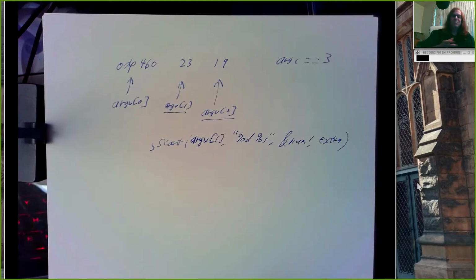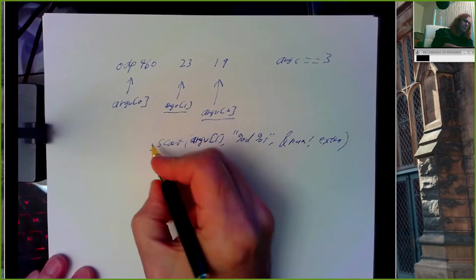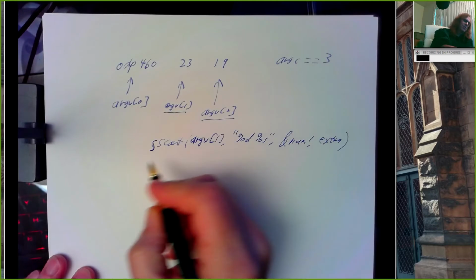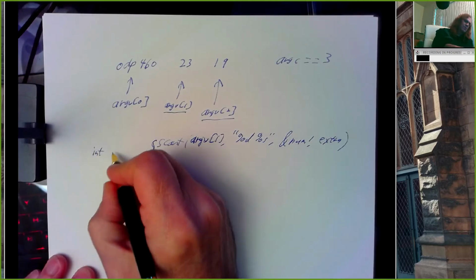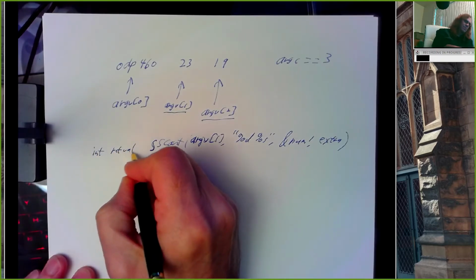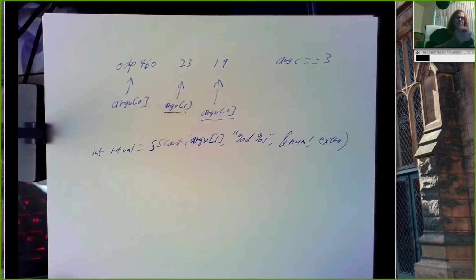Alright, how do we know if this succeeds or if it fails? How do we know the difference between those two cases? Return value. Yeah, check the return value. Because this will run, it will do something, but we don't know what it did, so this is where we typically say, take the return value from this and let's save it in an integer.